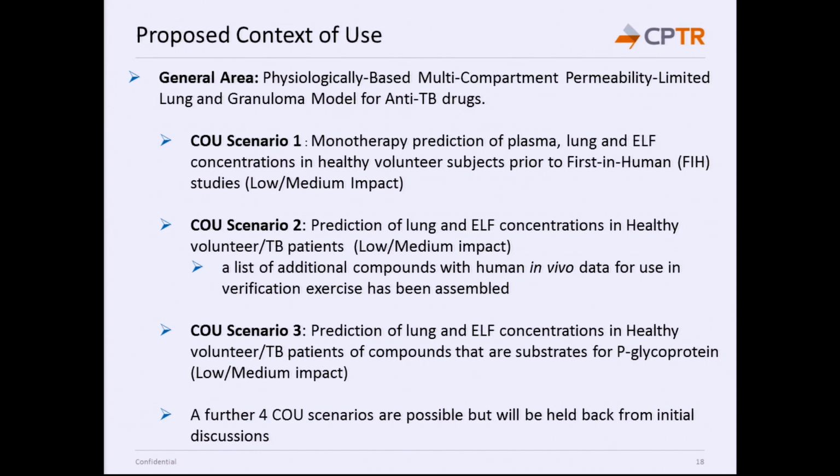And the third scenario would be predictions across a wider set of compounds where we know that the compounds are affected by P-gp, and therefore that will have an impact on the disposition of the compounds within the lung. In the discussions that we've had, both as a team and with the EMEA, we did define some further context of use scenarios, but at the moment we've decided not to pursue those and just keep them in the background. But it's something that we'll come back to later when we've got some more data.